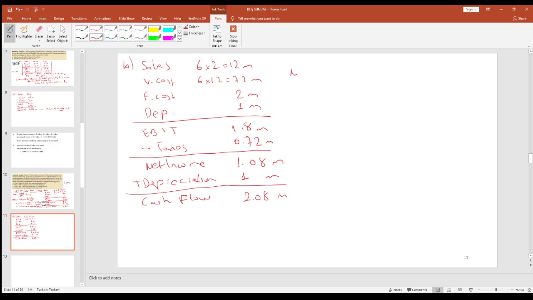Let me write here. In three different ways you can find. So minus initial investment, which is 5 million. So you may either discount 2.08 million at each year, one by one. That's the general solution.